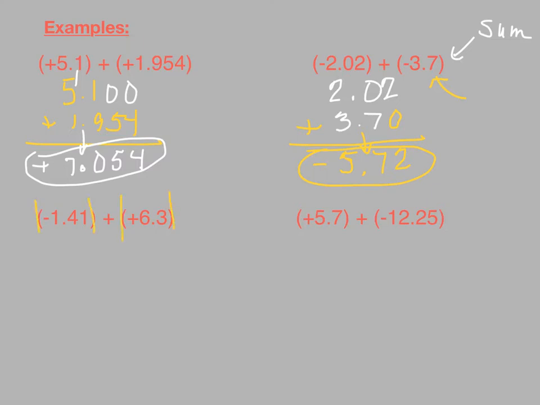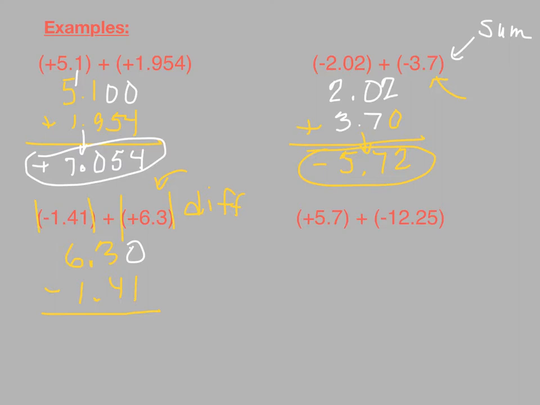Now, I know that the larger absolute value is going to be the positive 6.3, so I'm just going to automatically put that on top. 6.3. I am finding the difference, let's not forget. 6.3 minus 1.41. Stacking those decimals right on top of each other. I need a placeholder because there's a different number of decimal places.